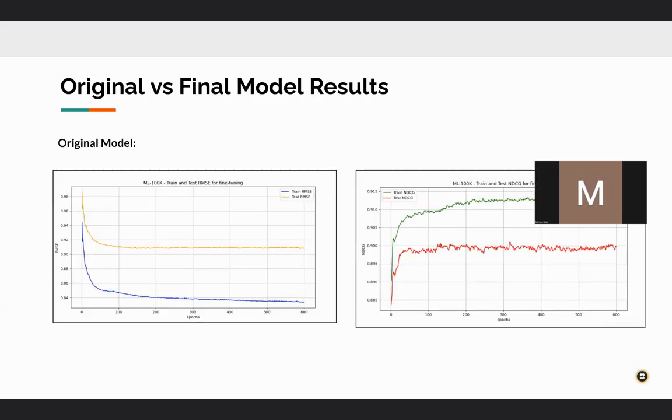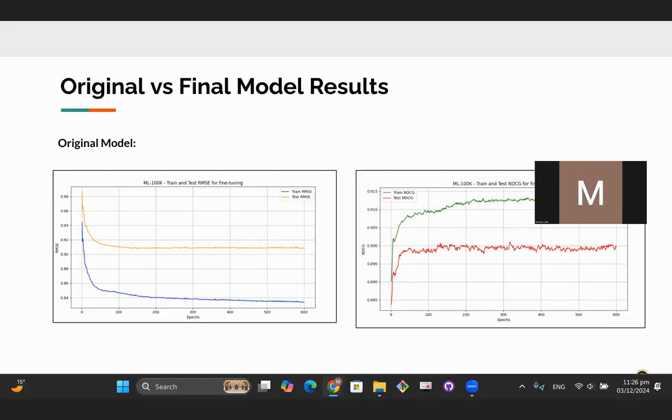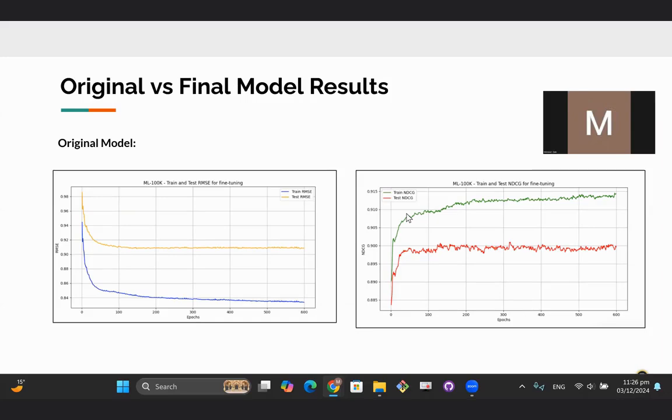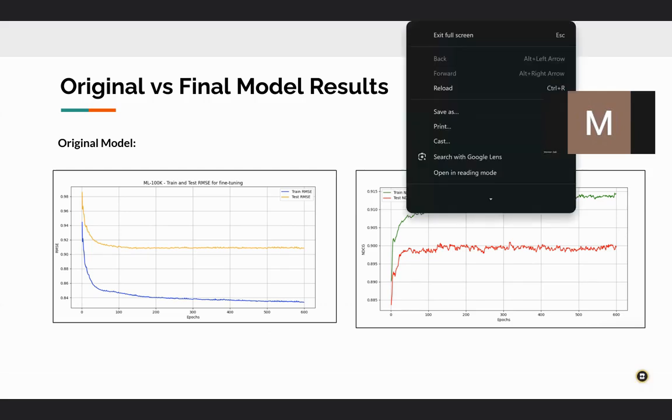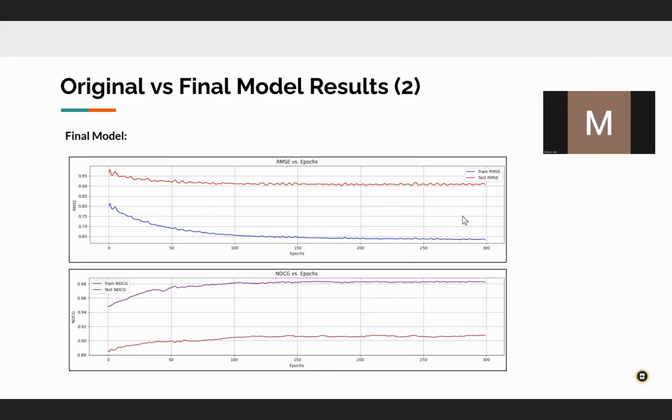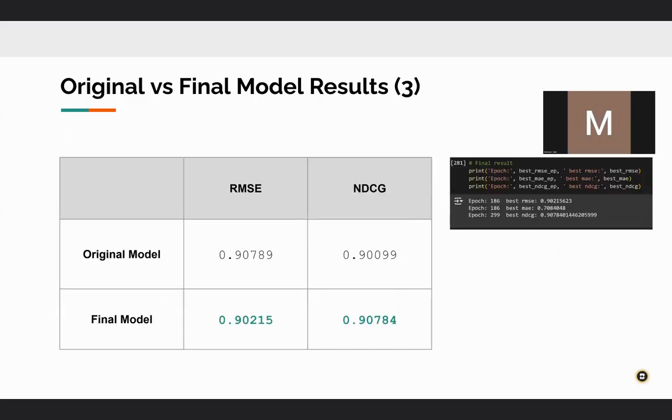overfitting. If we compare the results, this is mainly the result of the baseline model, and this is the one with the attention mechanism. If you compare both results, we would find an improvement from 907 to 902, which is kind of a slight improvement.